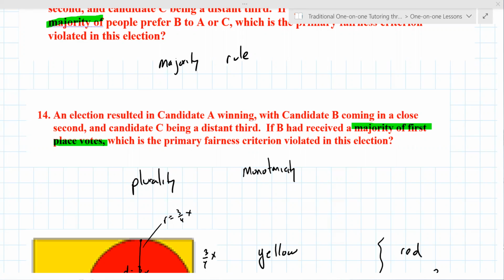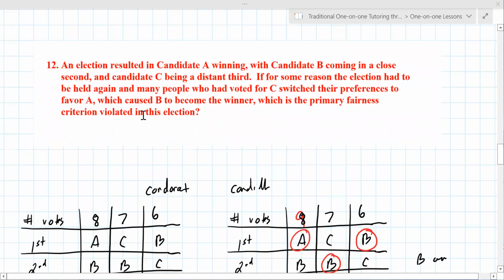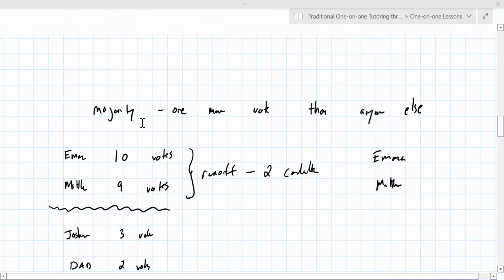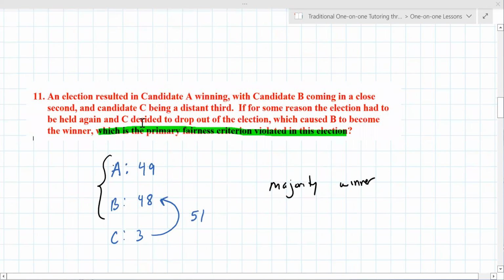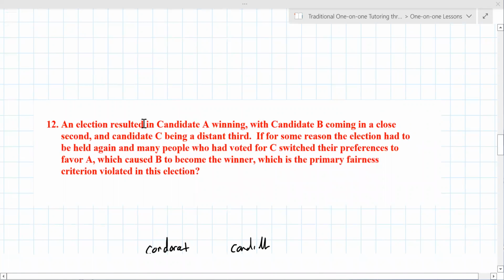Majority of first place votes. Head to head comparison of majority. Switched preferences. And dropped out. So the dropped out feels like it's Condorcet. Oh, I see, the Condorcet candidate.